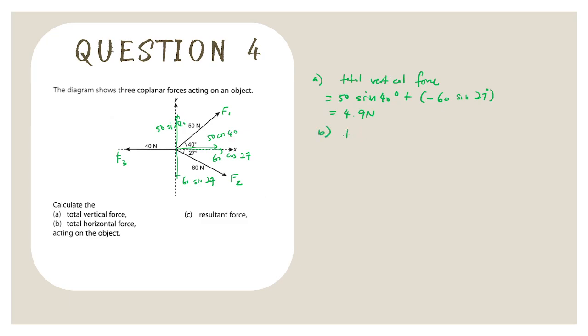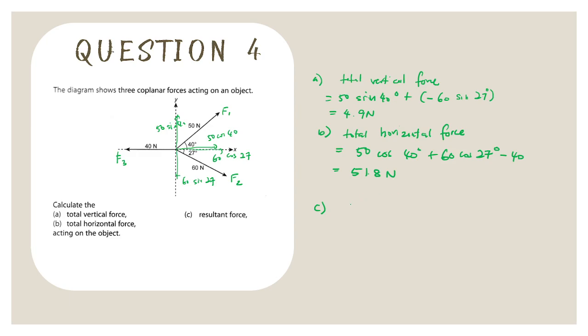B, total horizontal force is equal to 50 cos 40 degrees plus 60 cos 27 degrees and minus 40 because F3 is pushing to the left, negative. So it will be 51.8 Newton.